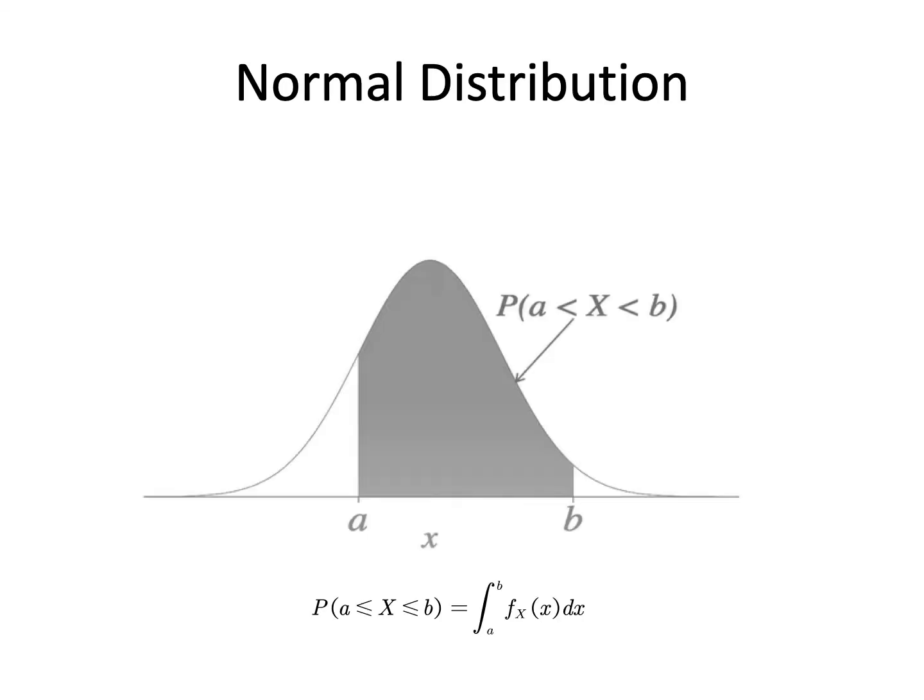Finding the probabilities and percentiles of the normal distribution requires integrating the probability density function. Here f(x) is the probability density function, and the probability that the random variable x takes on values inside the interval a and b is given by the integral of the function f(x) from a to b, which gives the area under the curve.